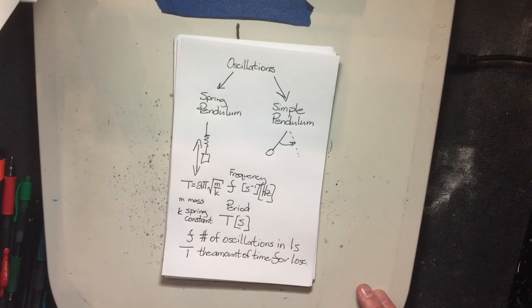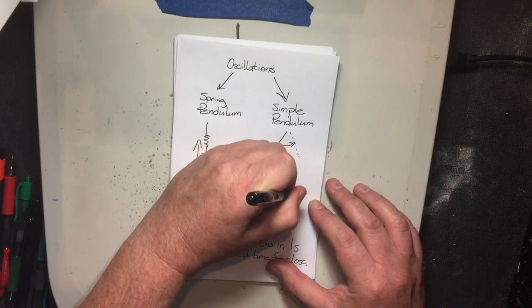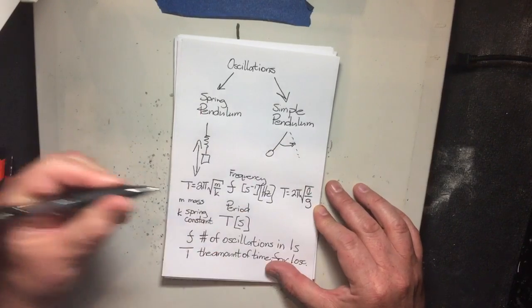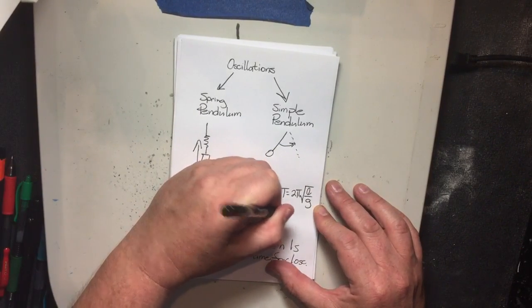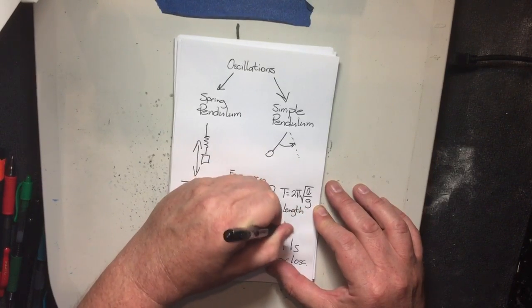For a simple pendulum, the period is 2 pi square root of L over g, where L is the length of the pendulum and g is gravity.